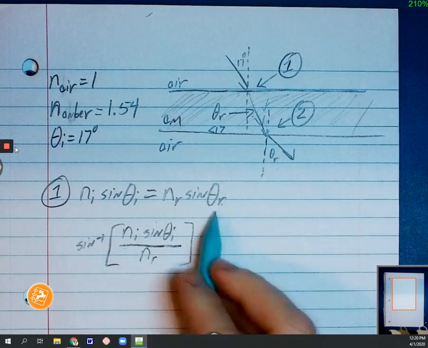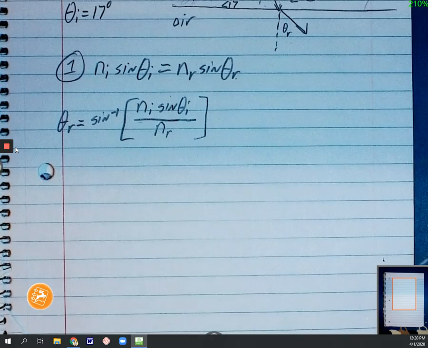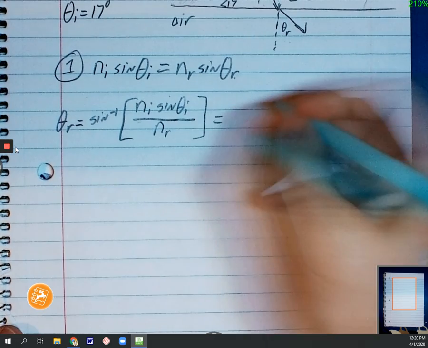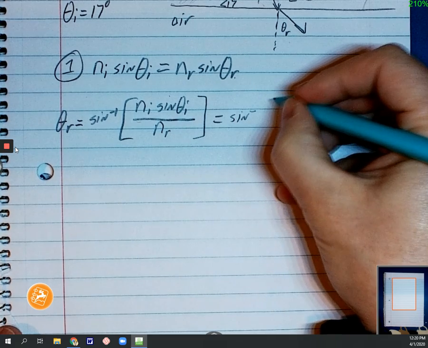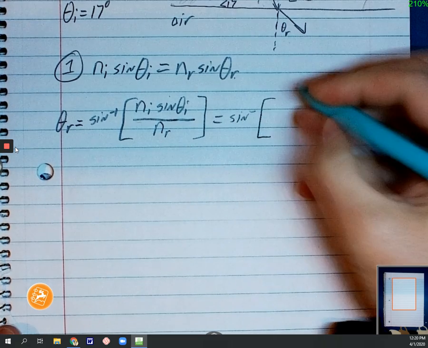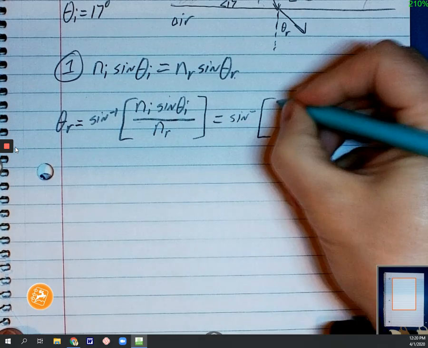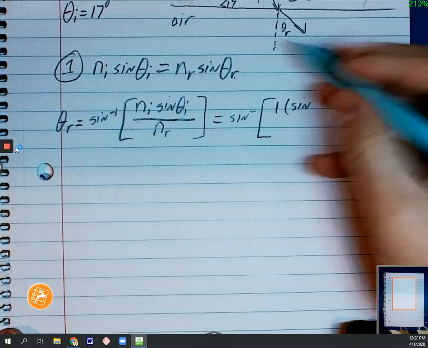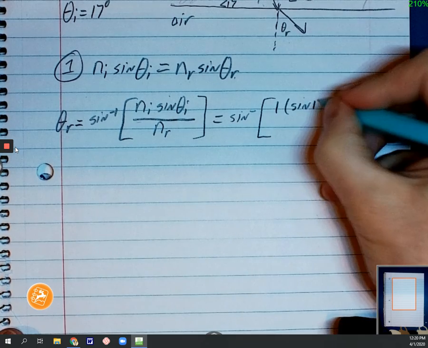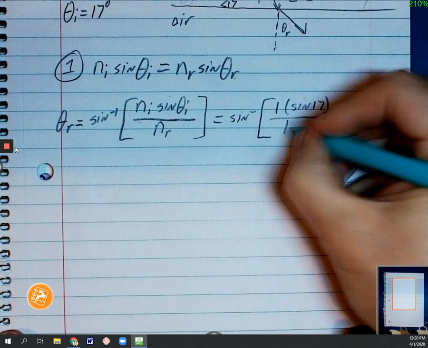And that's going to give us theta sub r. So plugging all this in, we're going to need to do sine to the negative 1 of, okay, our first index of refraction is 1, so 1 times the sine of 17, because that was our angle of incidence, divided by 1.54.